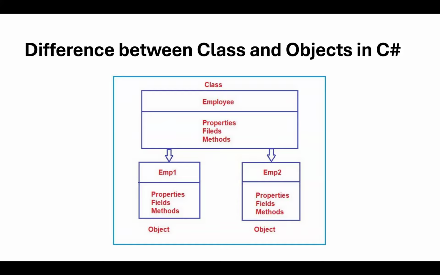As you can see, here we have one class called Employee. All employees have properties such as employee ID, name, salary, gender, department, etc. And the properties are nothing but the attributes or fields for our Employee class.